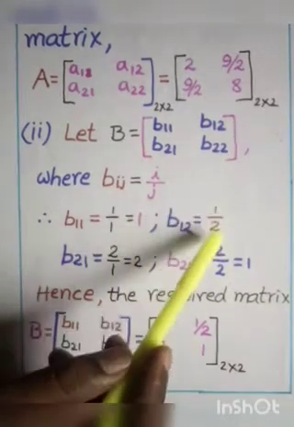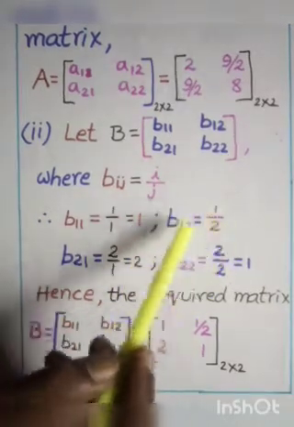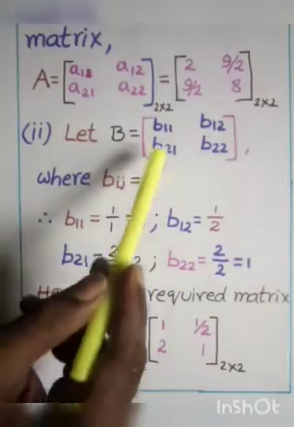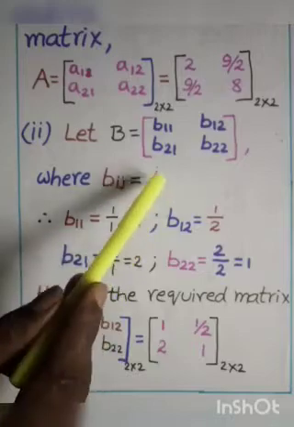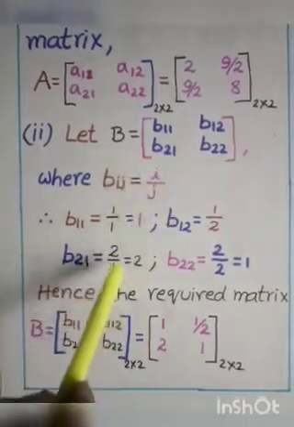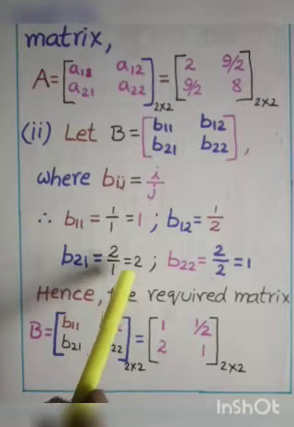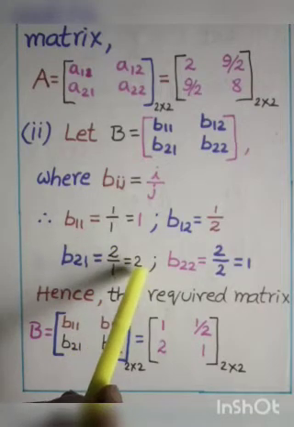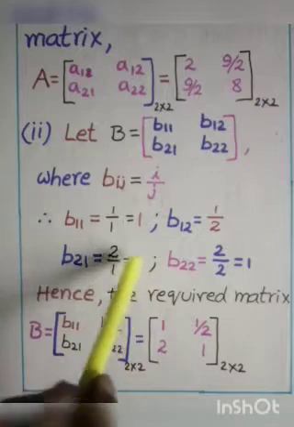Then we get 1 by 2. Understood this step? Right. Similarly, B21, second row, first element. In the same rule, I am substituting i is equal to 2 and j is equal to 1. Then you get 2. Understood this step, my dear children?